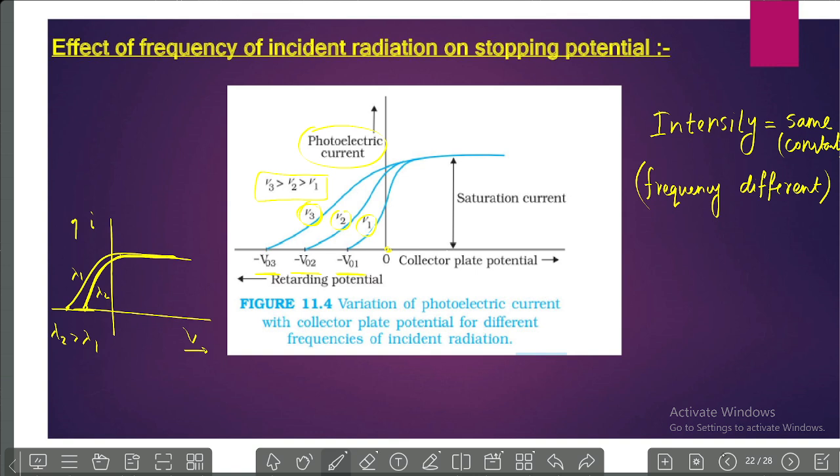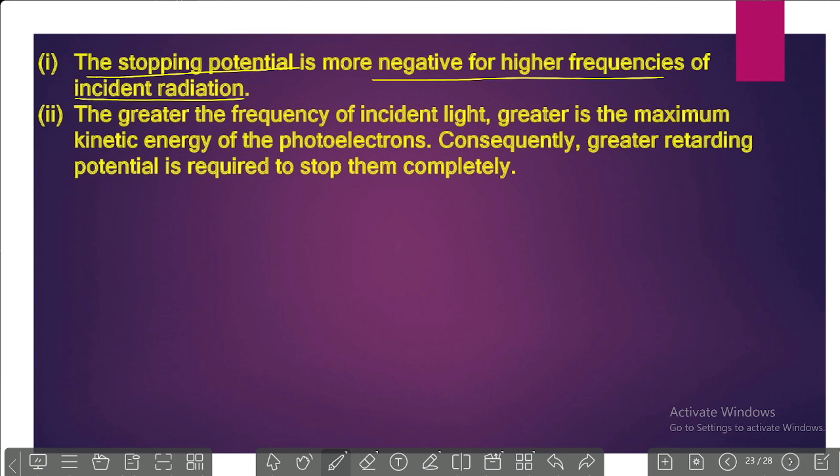Second, the greater the frequency of incident light, the greater is the maximum kinetic energy of the photoelectrons, and consequently the greater the retarding potential required to stop them completely.